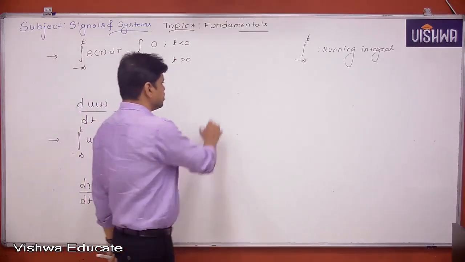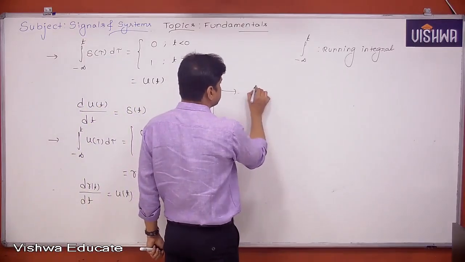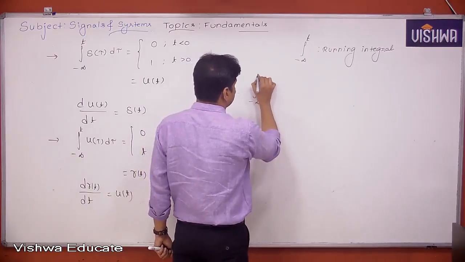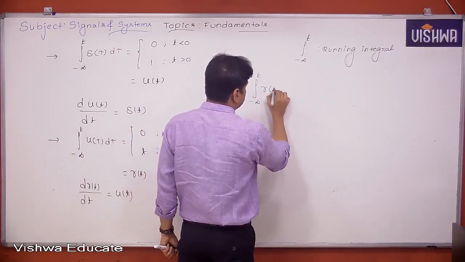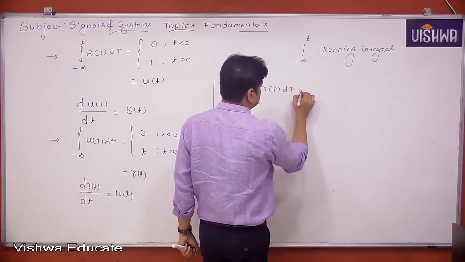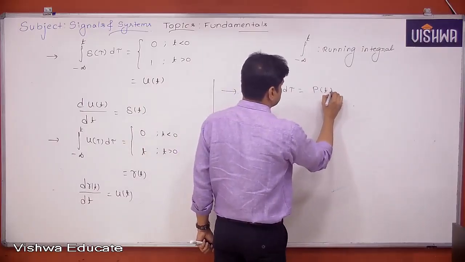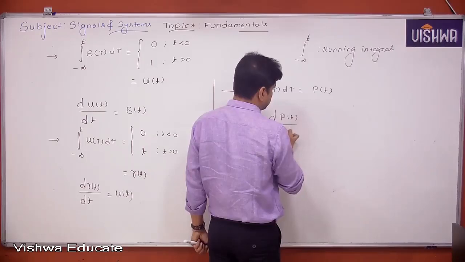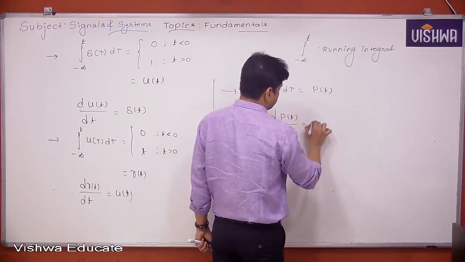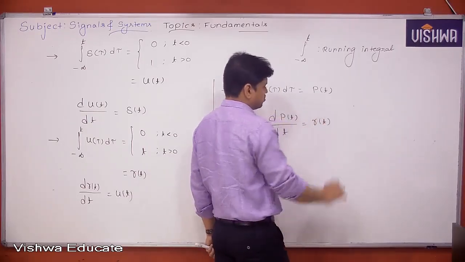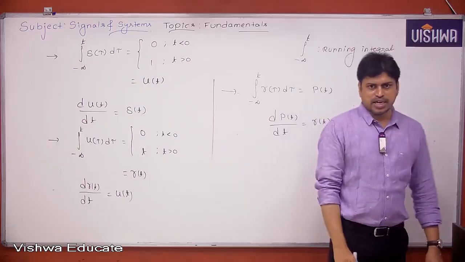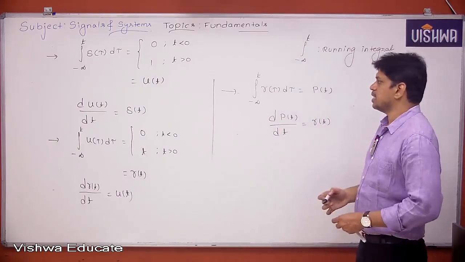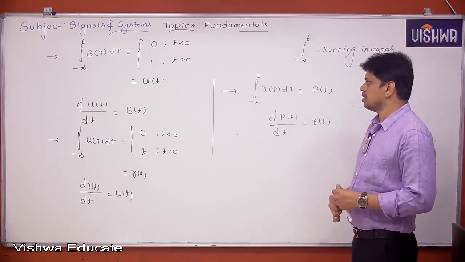In a similar manner, the running integral of r of tau d tau gives p of t, and differentiation of p of t gives the same curve r of t. These are the relations between delta t, u of t and r of t.